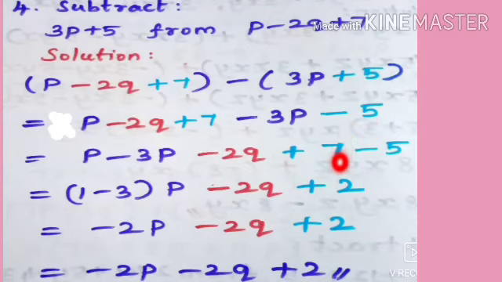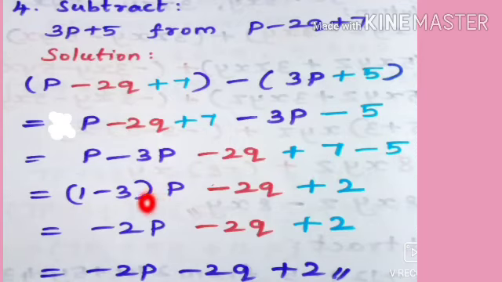And in the next step, we are going to arrange the like terms separately in an algebraic expression. So, p and minus 3p are the like terms in p. And here, only one q term is given, so minus 2q, write it as it is. So, here the constant values are 7 and minus 5. So, plus 7 minus 5.